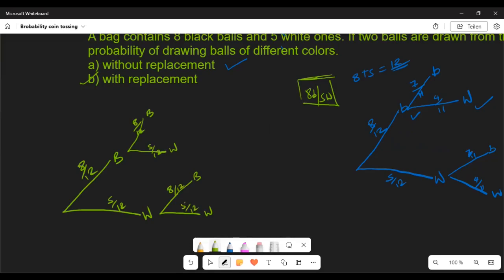So in that case, if we look at the outcome, for us to get different colors, so B and W, it's going to be the first probability, 8 over 12, multiplied by 5 over 12.